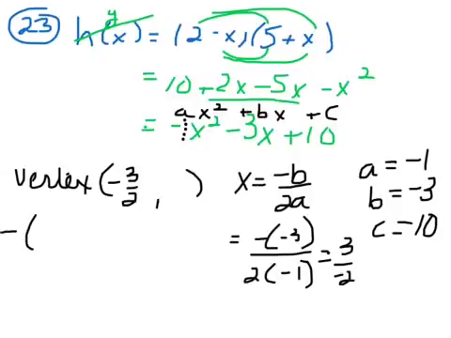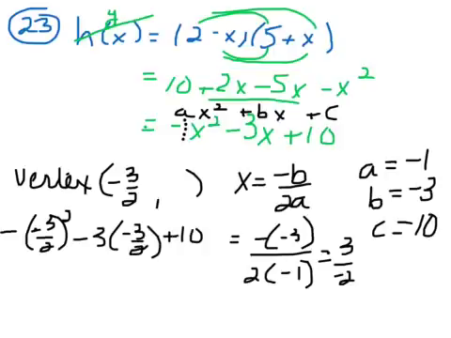Minus x squared, so that's going to be -3/2 squared, minus 3 times -3/2 plus 10. Okay, so if you square -3/2, 3 squared is 9, 2 squared is 4, it'll be a +9/4, but then there's a negative out in front of it, so that's -9/4 plus 3 times 3 is 9 over 2 plus 10.